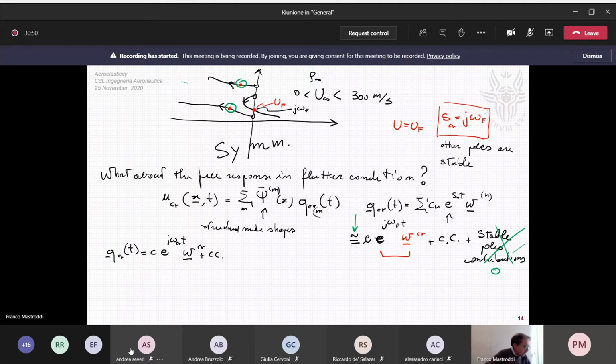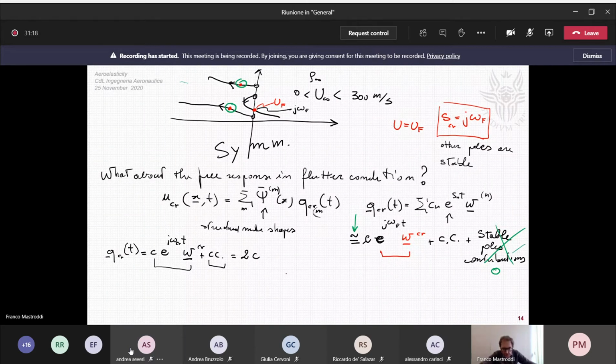And what happens when you sum a quantity and its complex conjugate? We have 2 times the real part. This C can be taken as real without loss of generality, because we are talking about the solution avoiding any contribution of the initial condition.